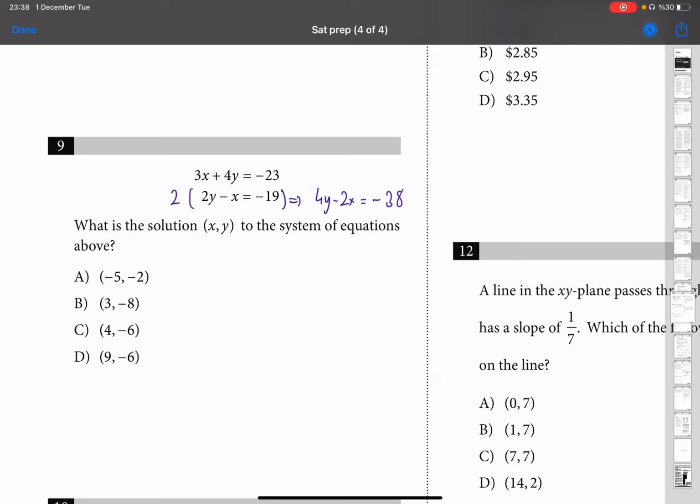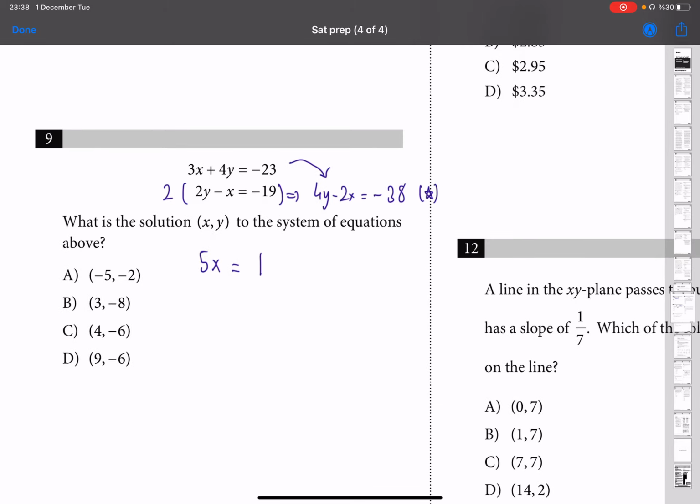And subtract this one from this so that the y terms will disappear. 5x equals 15. So x is 3. Let's check the choices. The only choice with x equals 3 is B, so we do not have to calculate y.